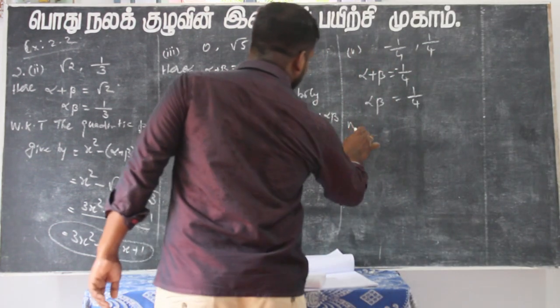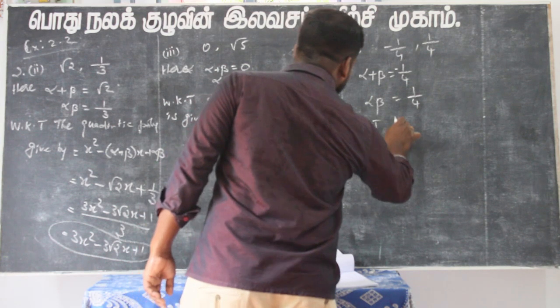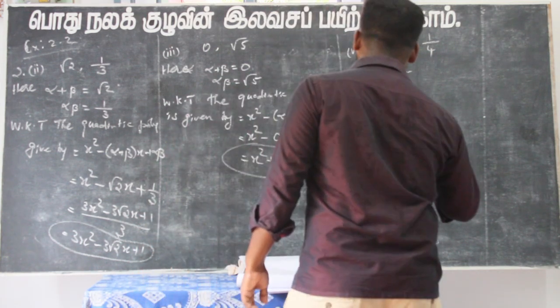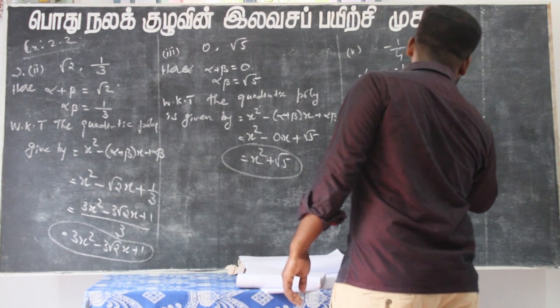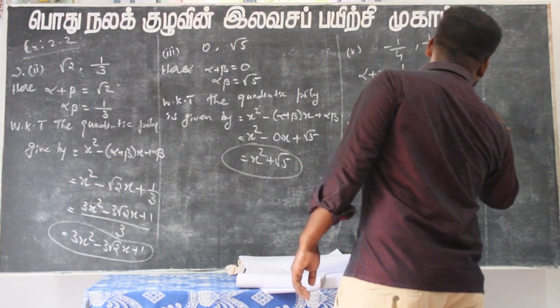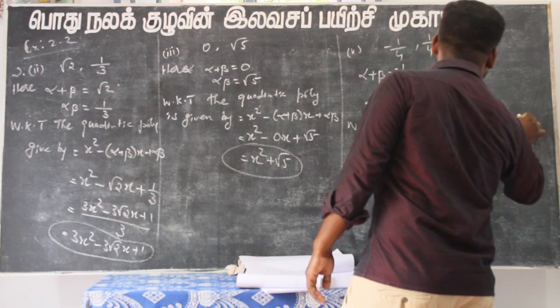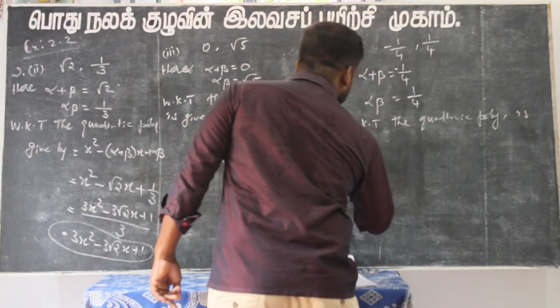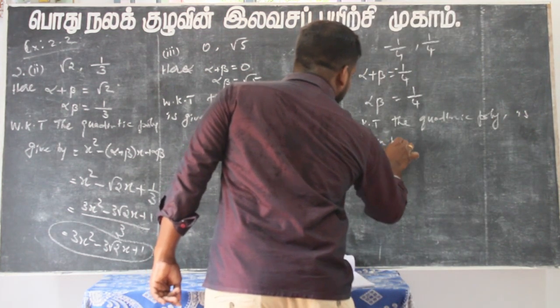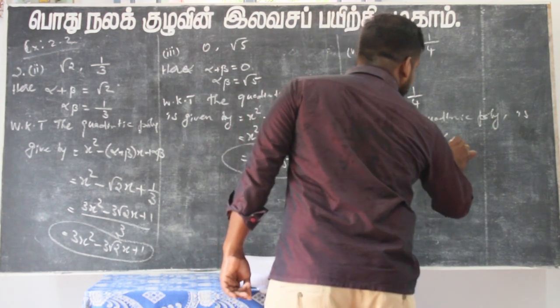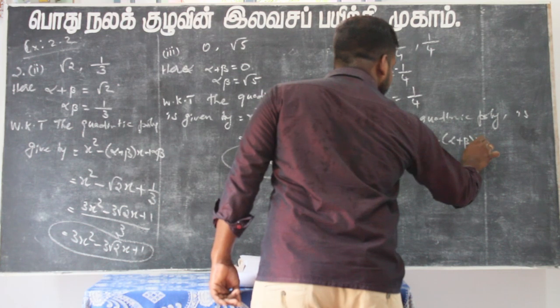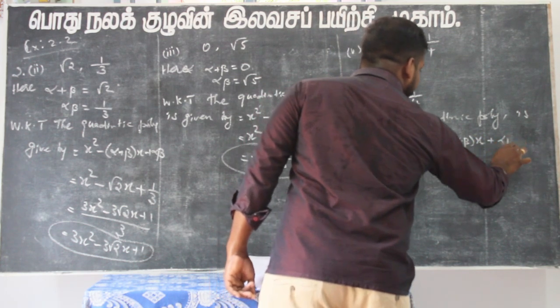We know that the quadratic polynomial is given by x square minus (alpha plus beta) into x plus alpha into beta.